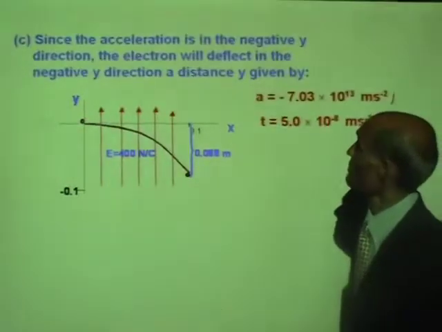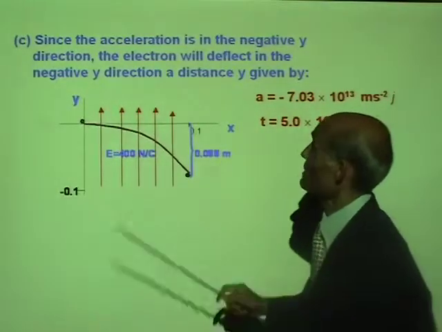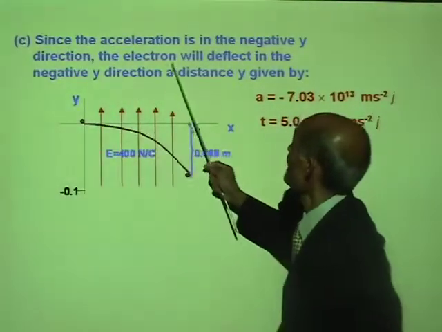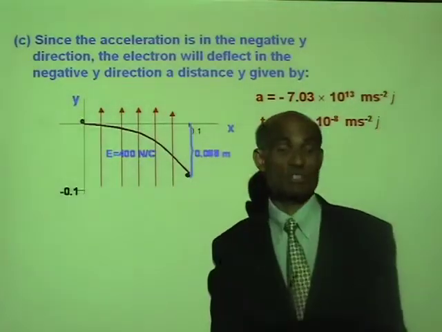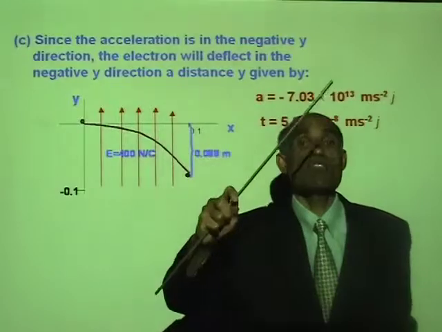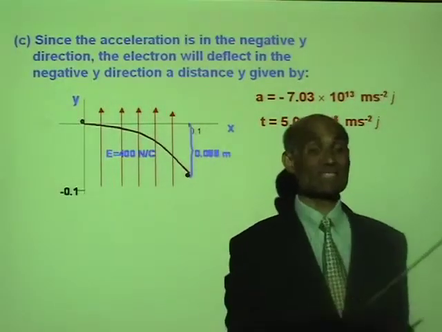What is the next part of the problem? Since the acceleration is in the y direction, the electron will deflect in the y direction. The question in the C part is, how far will the electron fall during that time?